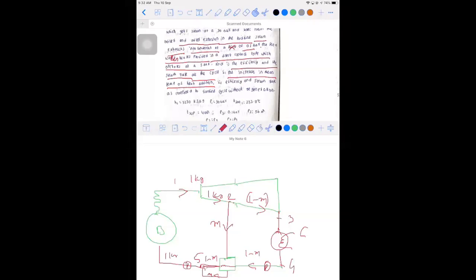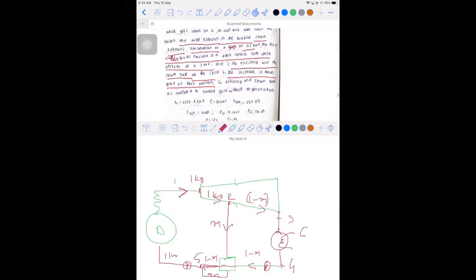So 1 kg of steam at 30 bar and 400 degrees centigrade will enter here. The entire 1 kg is expanded from state 1 to state 2, that is 30 bar to 5 bar.